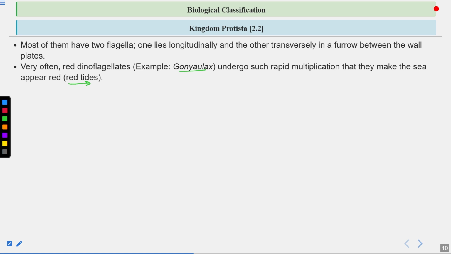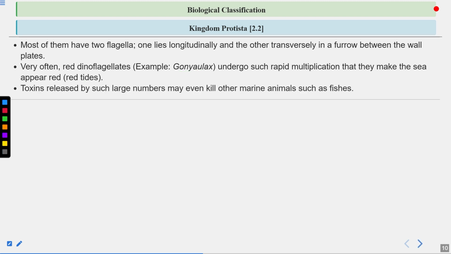And that's why the name is given red tides. So because of the secretion of this toxin by Gonyaulax, the aquatic life is also in danger. So it can kill a lot of fishes also. Toxin released by such large numbers may even kill other marine animals such as fishes.